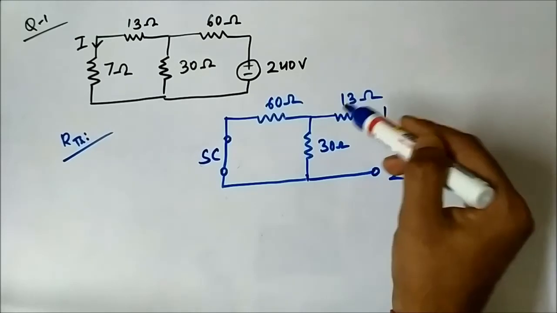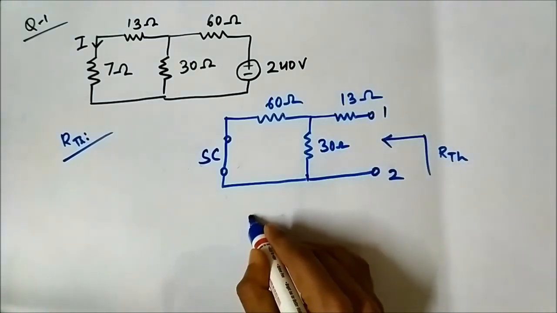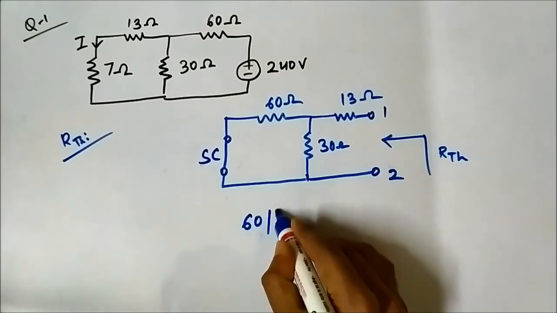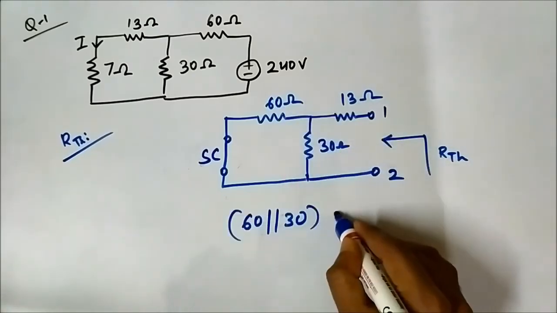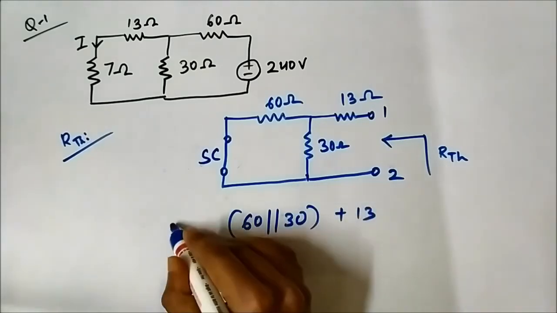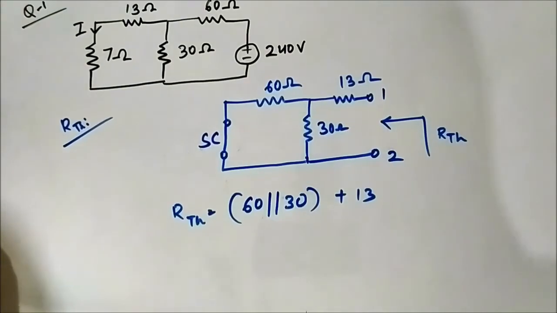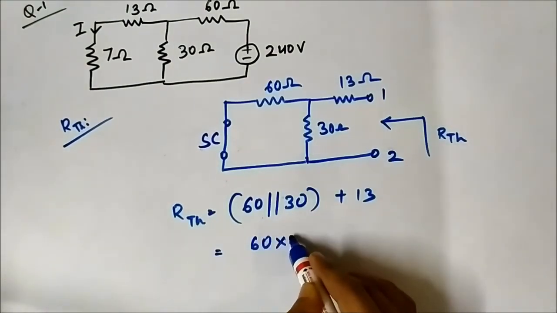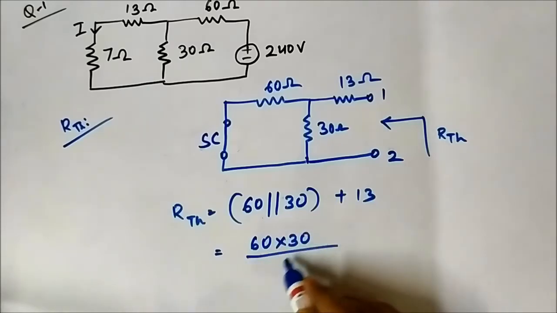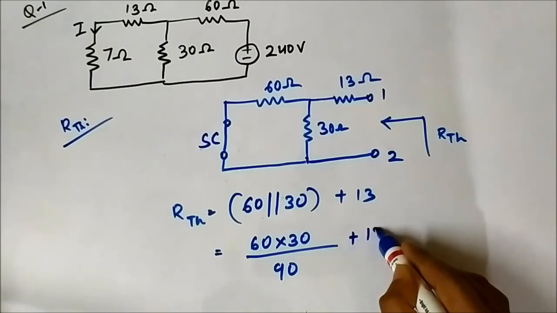So RTH is 60 parallel 30, plus 13, or 60 into 30 by 90, plus 13.